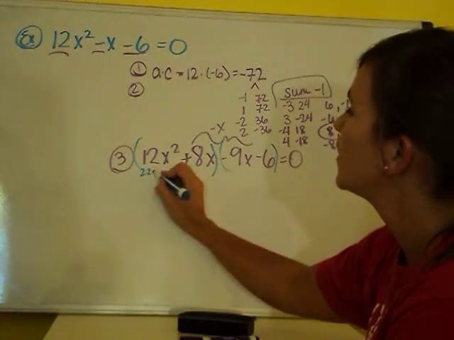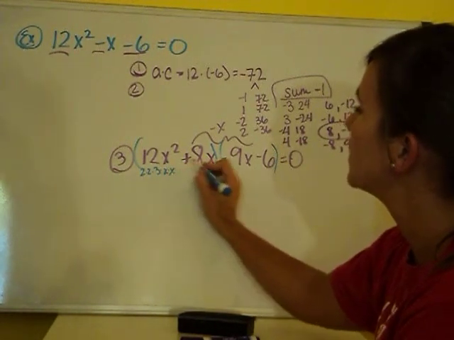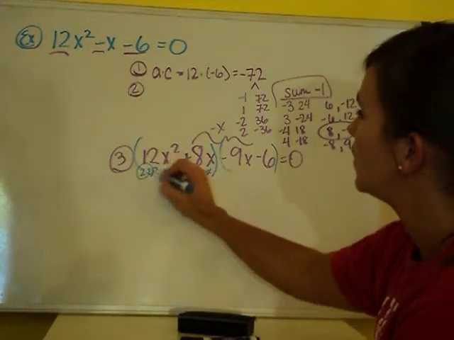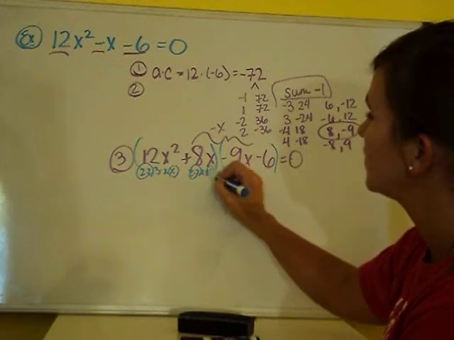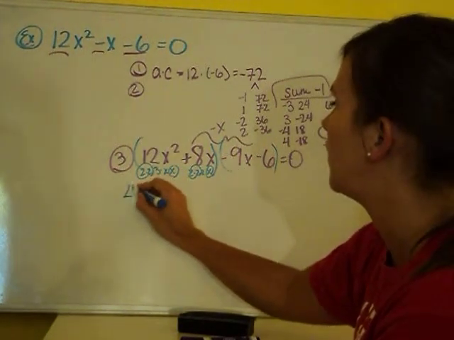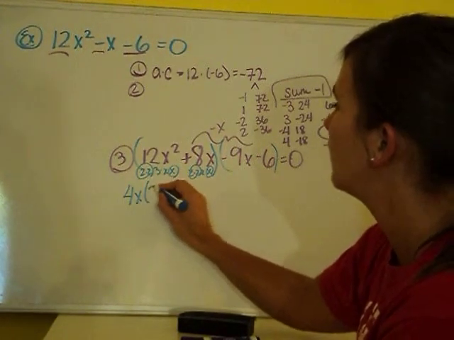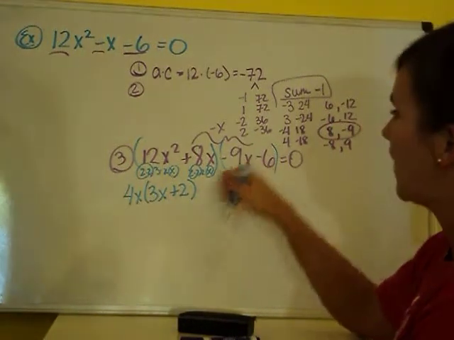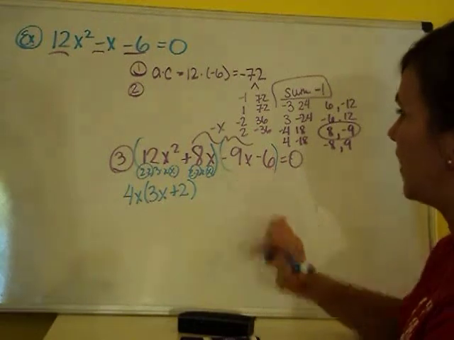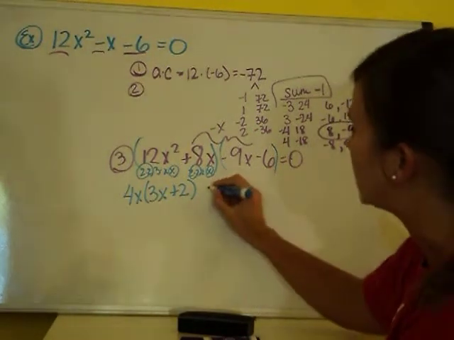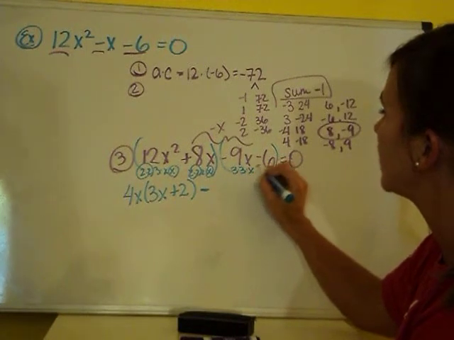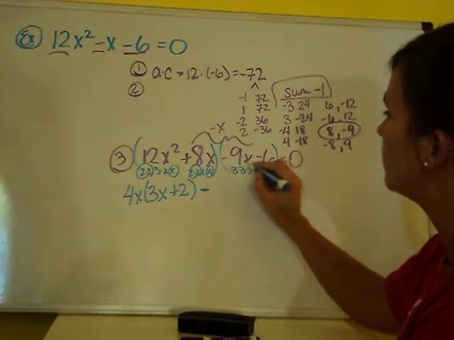12 is 2 times 2 times 3 times x times x. 8 is 2 times 2 times 2 times x. So we share 2 2's and an x, which means I'm going to plot a 4x. Leftovers, I'm going to have 3x plus 2. Now, I have positive, negative, positive, negative. I'm going to have to plot a negative sign here. 9x is 3 times 3 times x. 6 is 3 times 2.